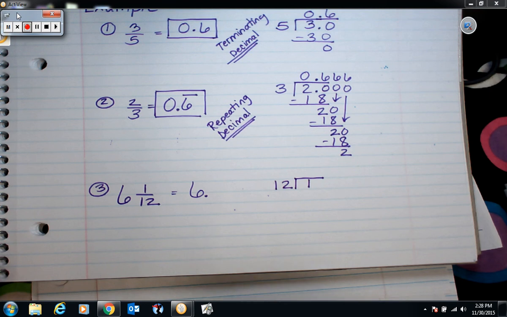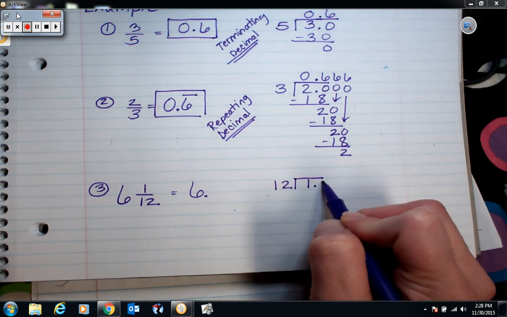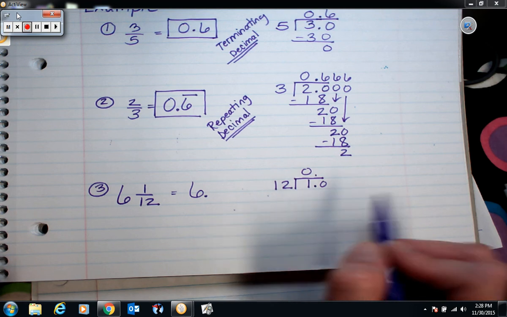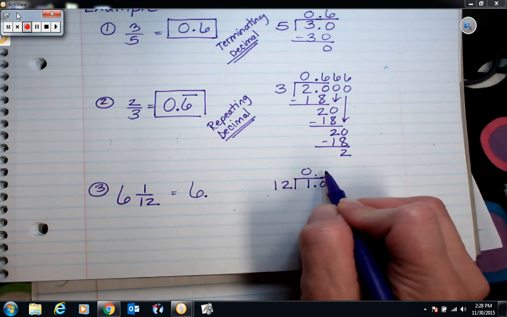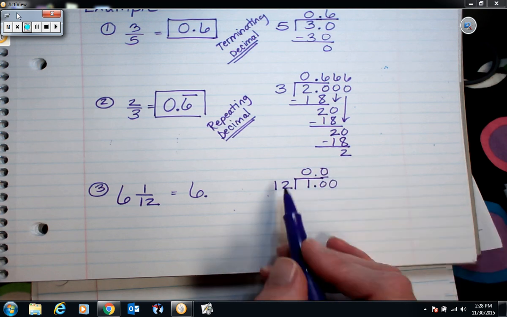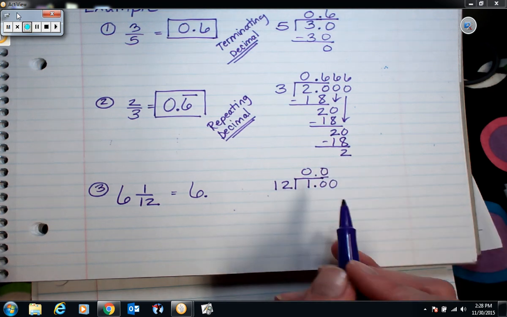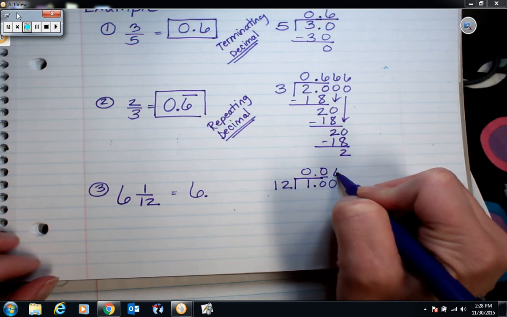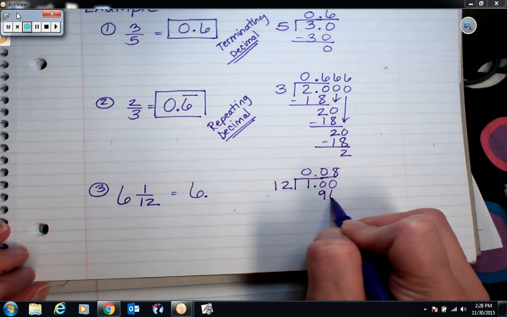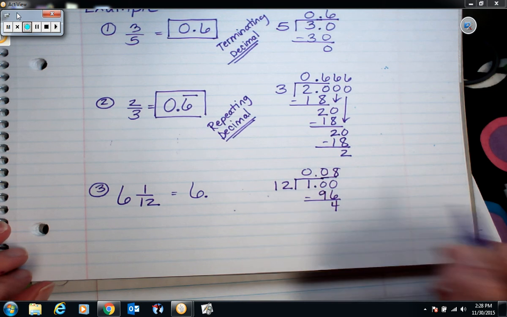So I can't put 12 into 1, so I have to add a decimal and a 0. Uh-oh, can I put 12 into 10? So it goes in there 0 times. I add a 0. 12 goes into 100 how many times? 8. And 12 times 8 then is 96. Add another 0.